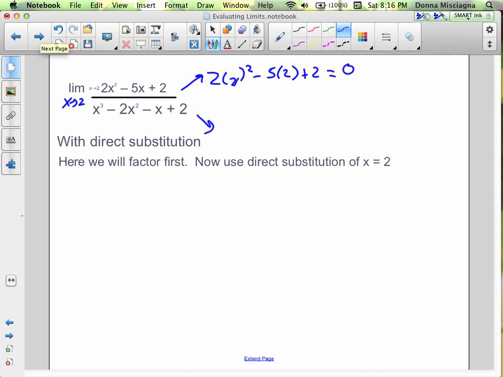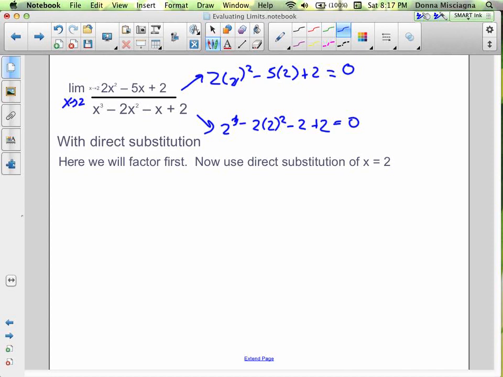What's the denominator going to? We have 2 cubed minus 2 times 2 squared minus 2 plus 2. 2 cubed is 8, and so is 2 times 2 squared. So we've got 8 minus 8, that's 0. Then we have 0 minus 2, that's negative 2 plus 2. That's 0.